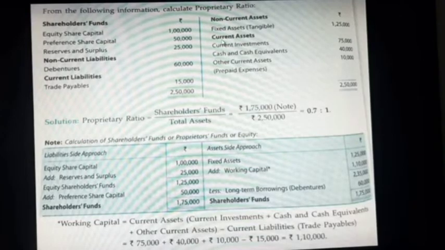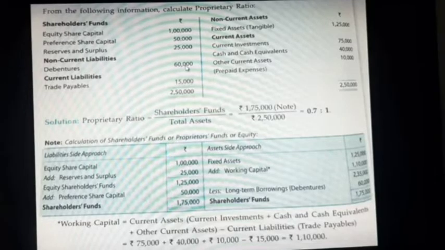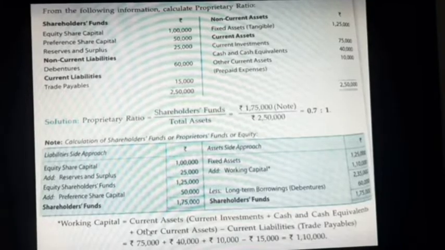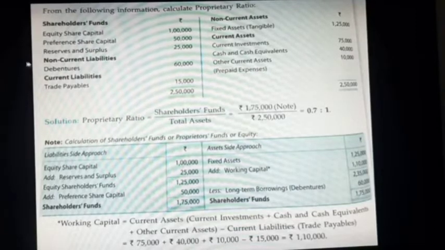Working capital means items of current asset. Current asset is 2,50,000. From current asset, subtract the items of current liability, that is 15,000, and again subtract the items of non-current liability. You can see that the explanation of working capital is given to you. So doing that, you will get 1,10,000, and they have subtracted the non-current liability also, that is debentures of 60,000 over here.